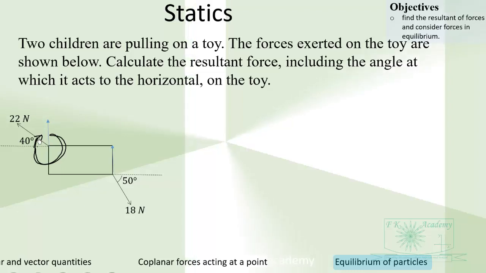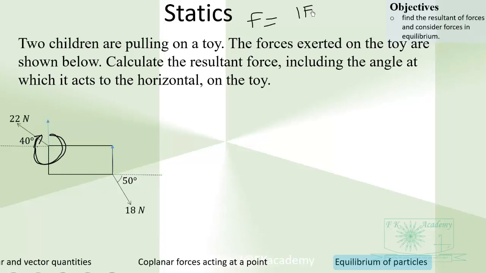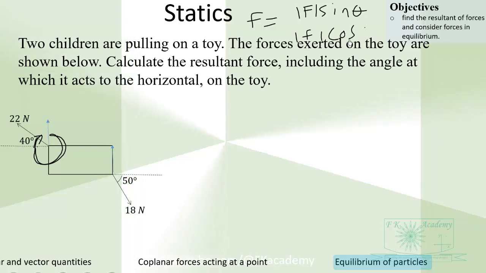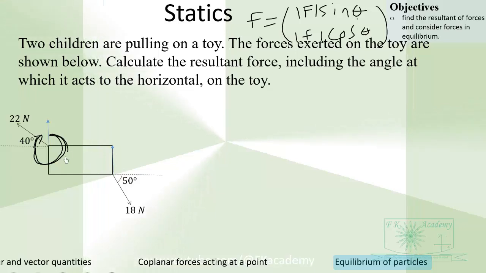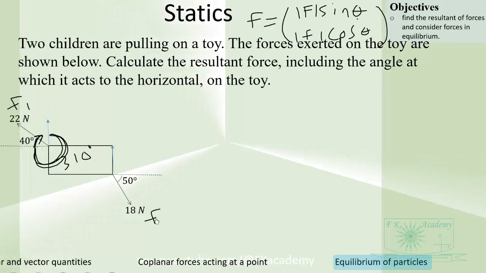And remember, the force is given by magnitude of the force sine theta and magnitude of the force cos theta. And the theta here is the one we measured up to this. So that will be 310 degrees in this case.